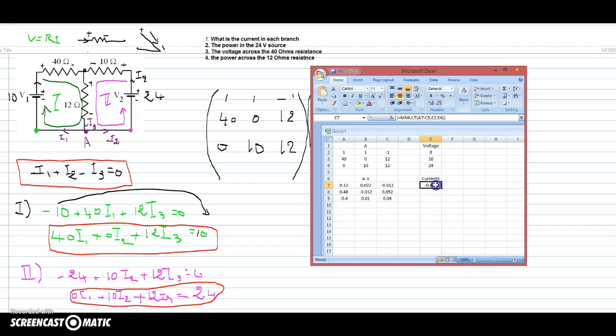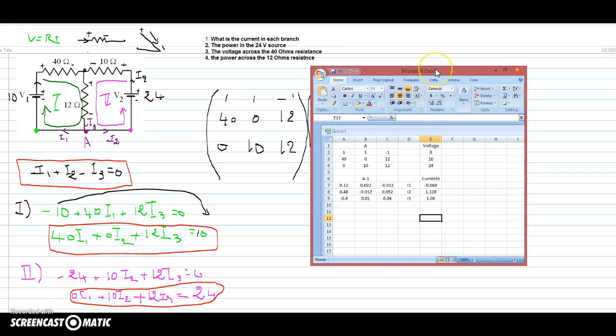There is a mistake here. So 3 by 3, so equal A inverse, and then there you go. So these are the currents: I1, I2, and I3. So I have solved the problem.